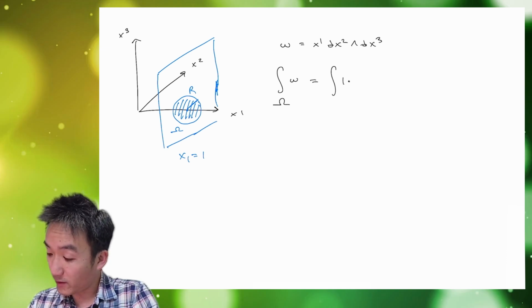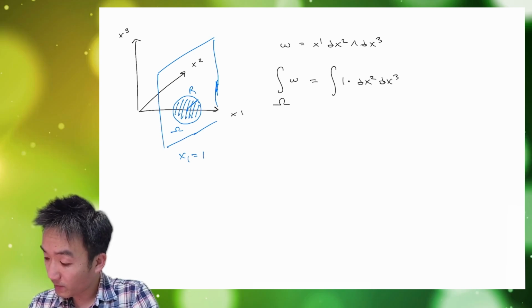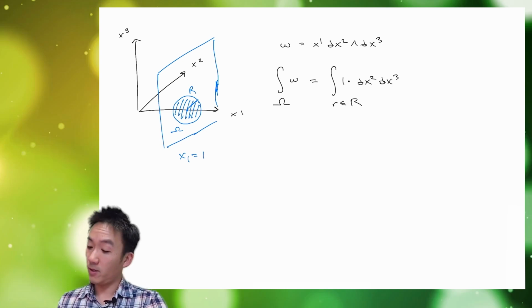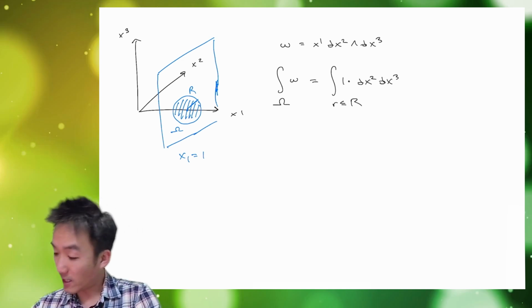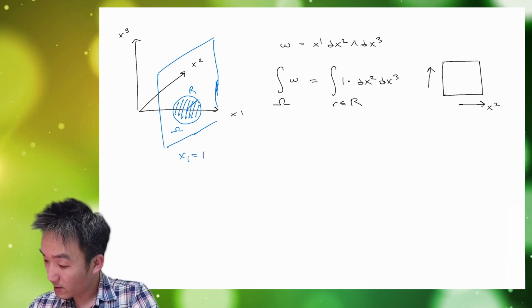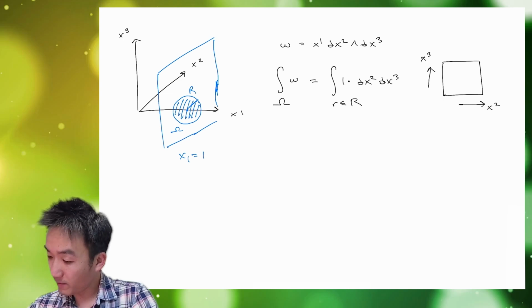We're just holding it fixed, and then we have dx2 dx3 over this region where in polar coordinates little r is bounded by big R. Okay, so I'm just thinking of everything now happening in 2-dimensional space where the first coordinate direction is x2 and the second coordinate direction is x3.